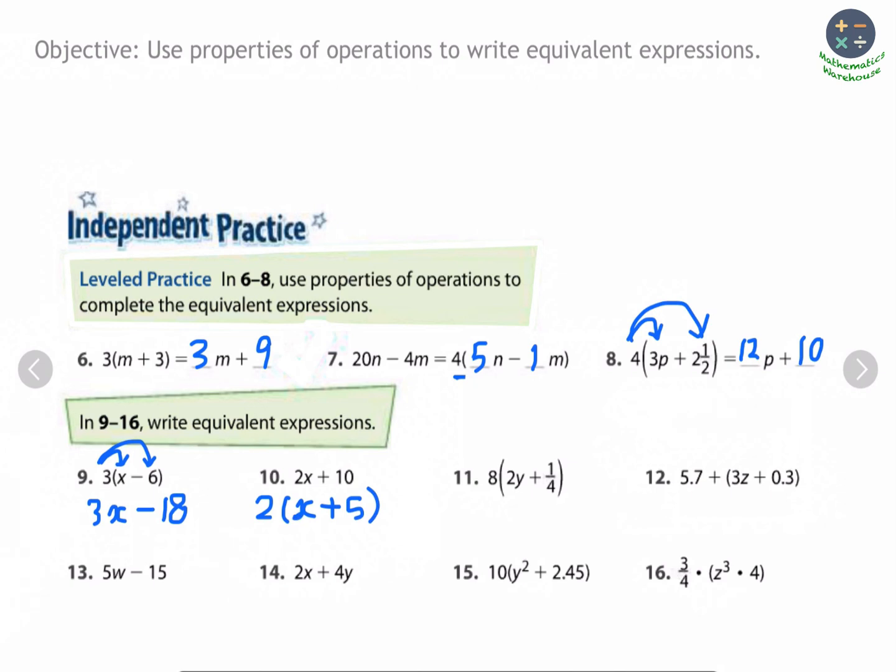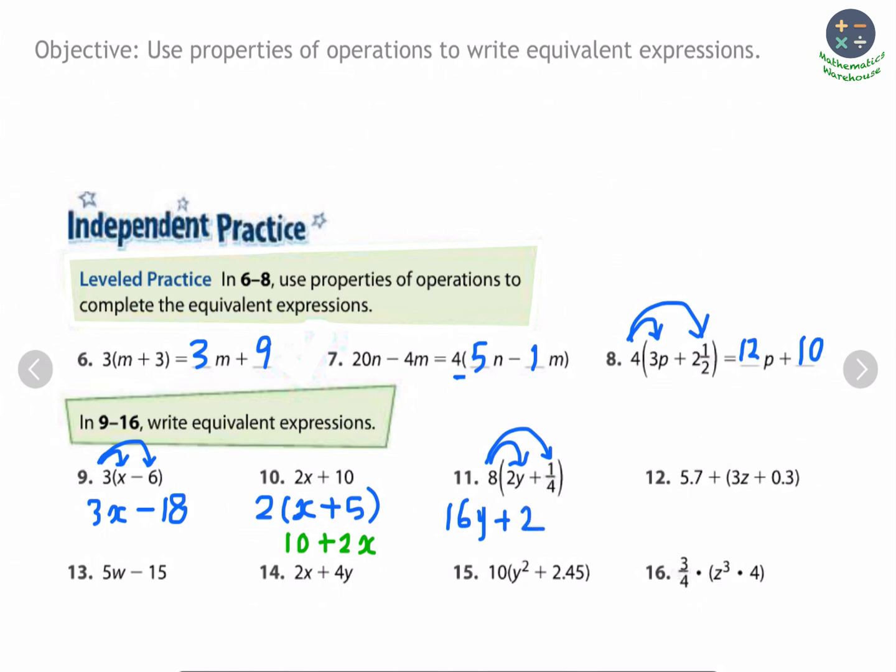Or you can use the commutative property and write it as 10 plus 2x. At number 11, multiply 8 by both of these. So it would be 8 times 2y equals 16y, and 8 times 1 over 4 means 8 divided by 4, which is 2.